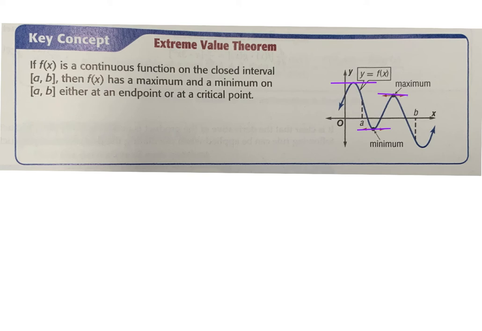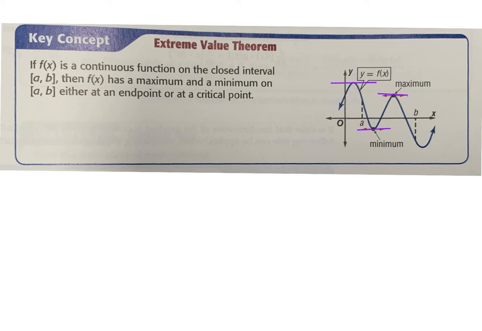If f of x is a continuous function, so it has to be continuous, meaning I can't jump over something, on a specific interval from a to b, then it has a maximum and minimum point either at the end points, that can happen, a maximum at the end because it was an interval, or it's going to happen when the slope of the tangent line is 0, when your first derivative equals 0.